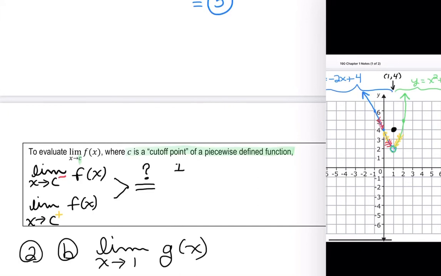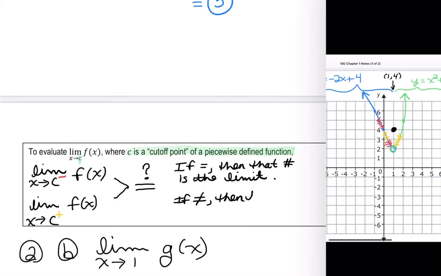If they are equal, then that number, whatever it is, is the limit that we're looking for here. If those two one-sided limits aren't equal, then the limit does not exist.